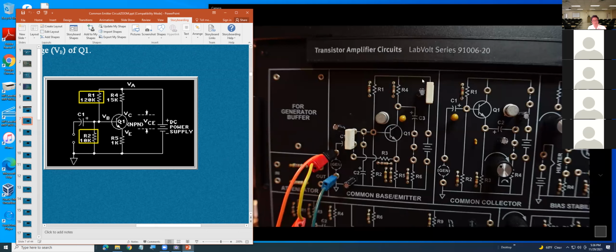The voltage here, they're telling you to adjust to 15 volts. So 15 times R2 divided by R1 plus R2. After you get VB, you want to get VE: you take VB minus 0.7 volt for the silicon.